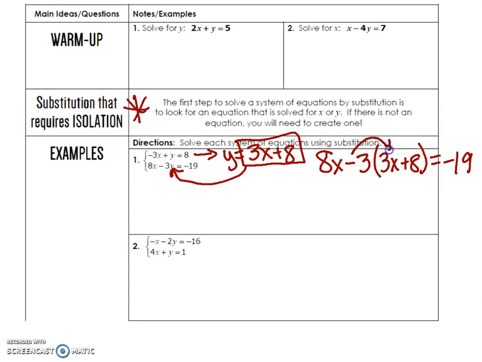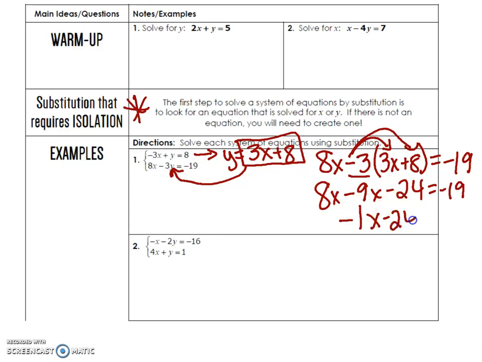Now we have to distribute this in. Remember, this is a negative 3 that goes together. So 8x stays there. Negative 3 times 3x is -9x. Negative 3 times 8 is -24 equals -19. So we have 8x minus 9x gives us -1x minus 24 equals -19.